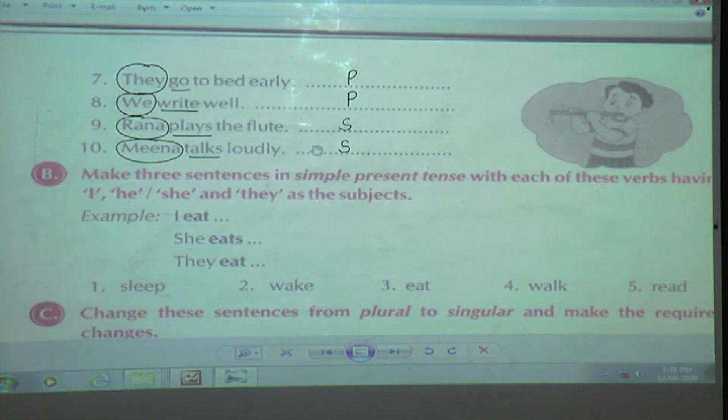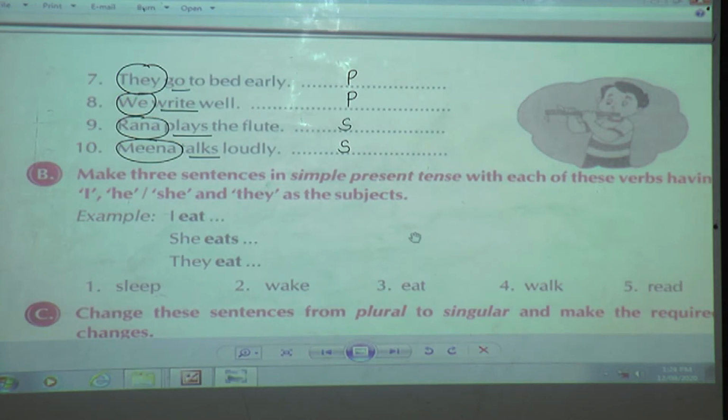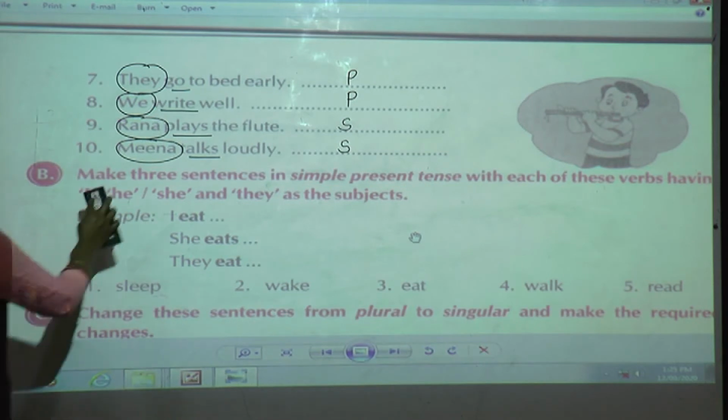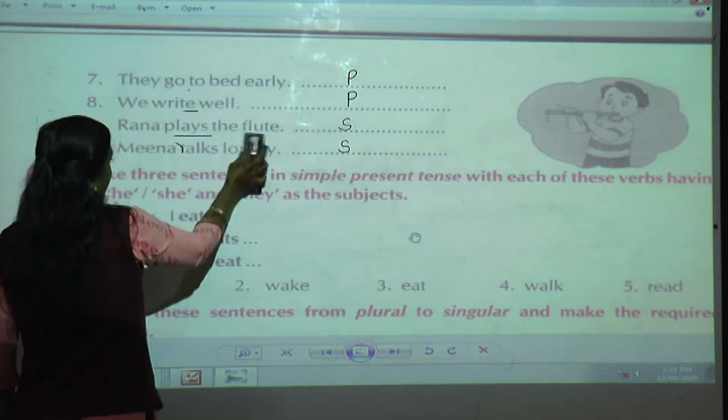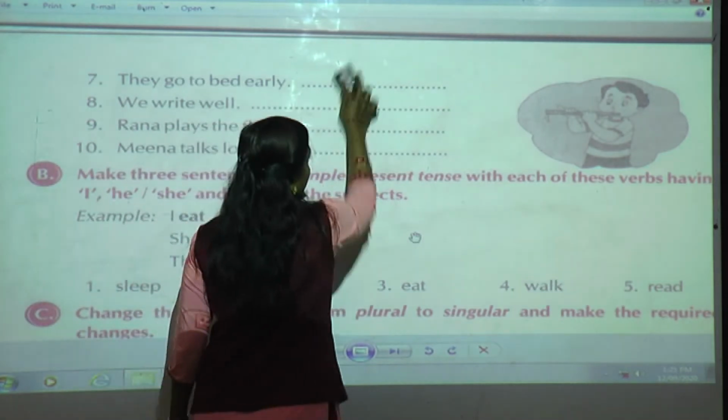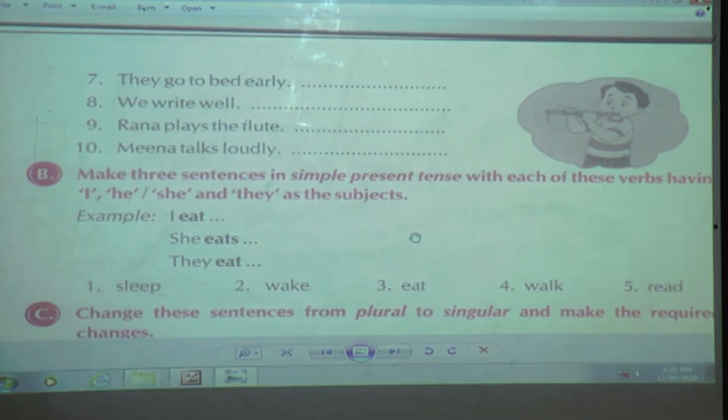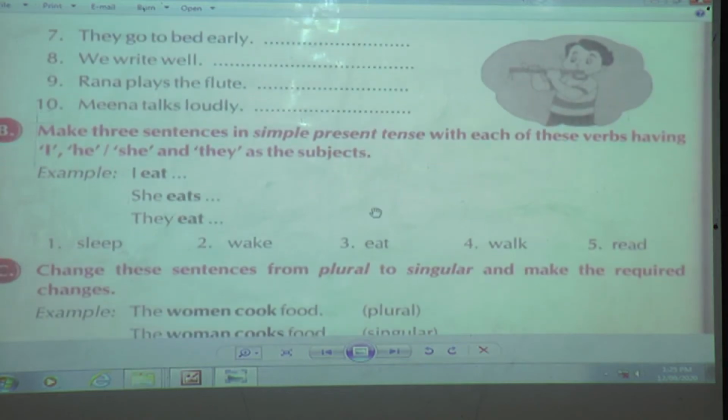I hope that you have understood exercise A. Okay, now we'll move on to exercise B. Ready? Okay, what is given in exercise B? Just see. Make 3 sentences in simple present tense with each of these verbs, having I, he, she and they as the subject.